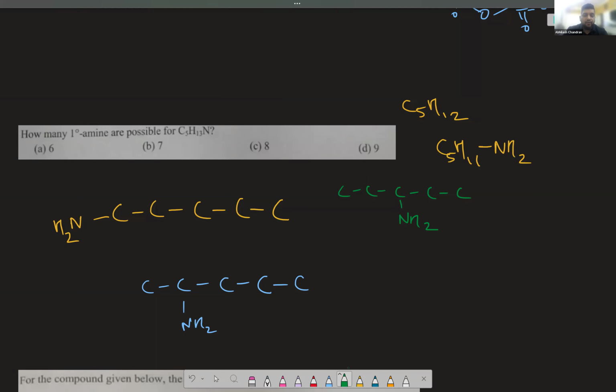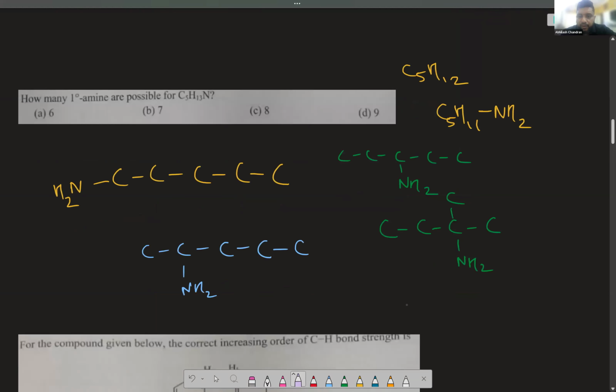Now I can have butane based ones. So let's say I have this, which is your 2-methyl-2-butanamine, with my NH2 here. In fact, I should have kept one color for all the pentanes; that would have been easier to spot. But okay, with butane, the amine can also be sent to the terminal carbon.